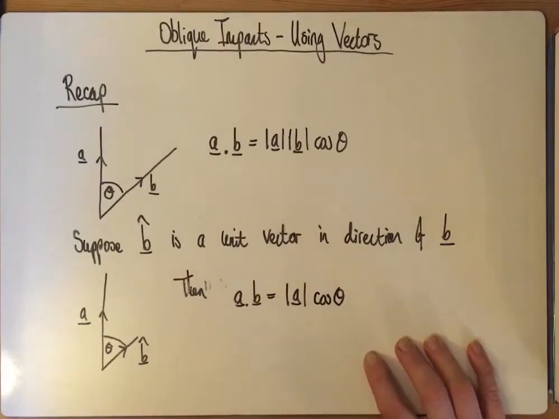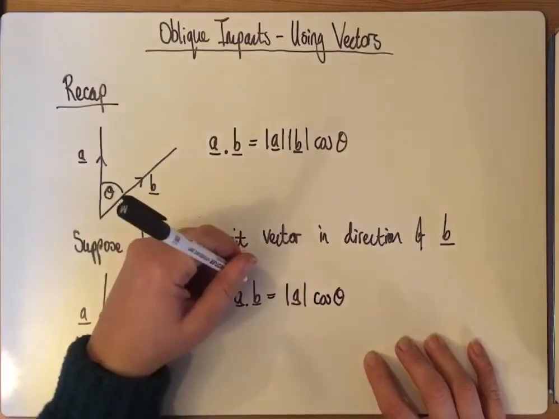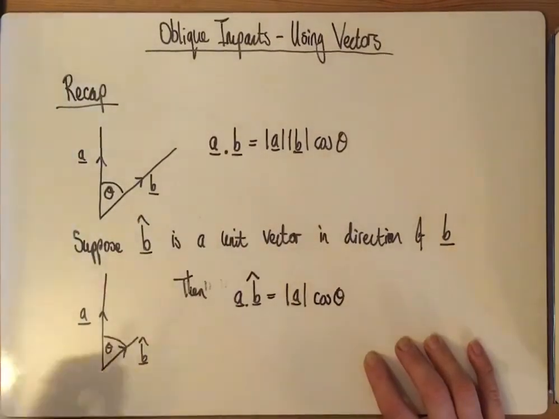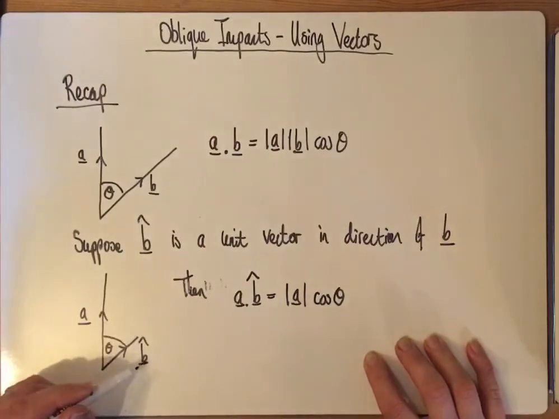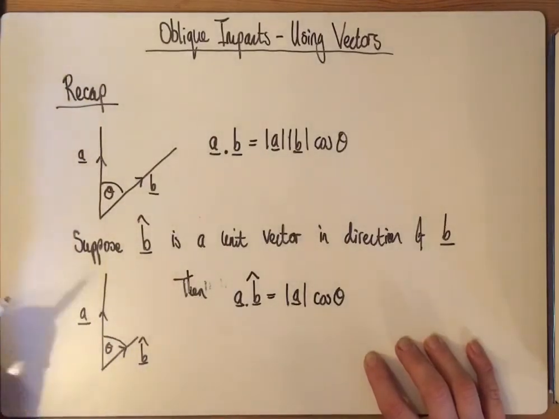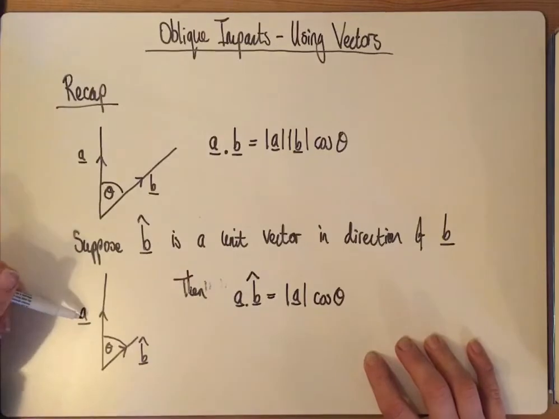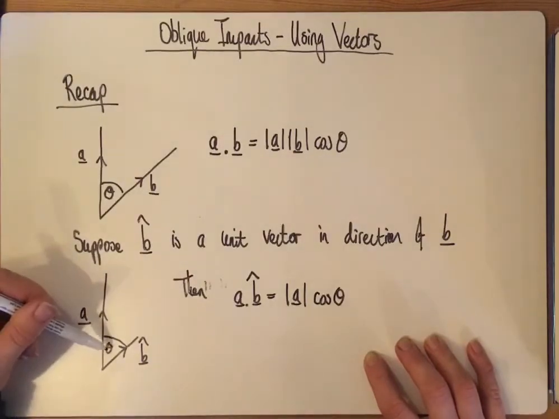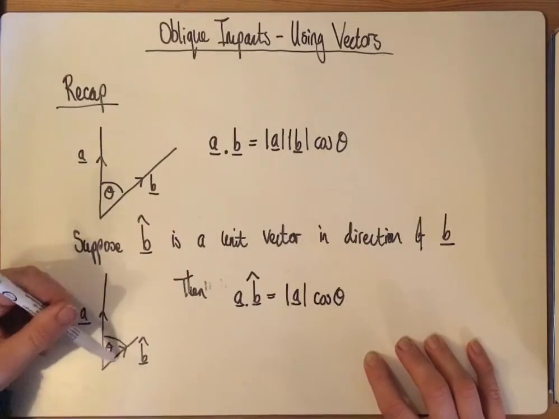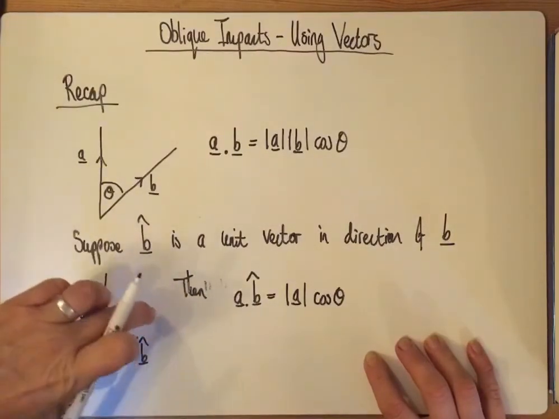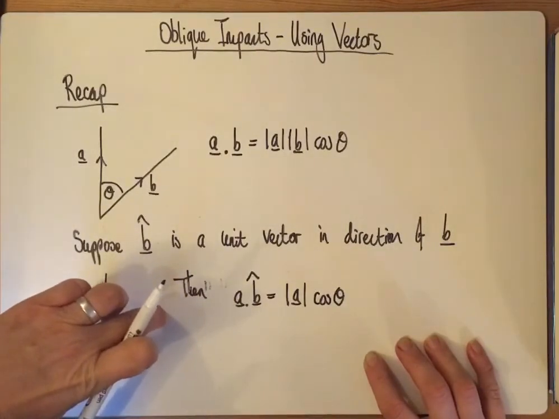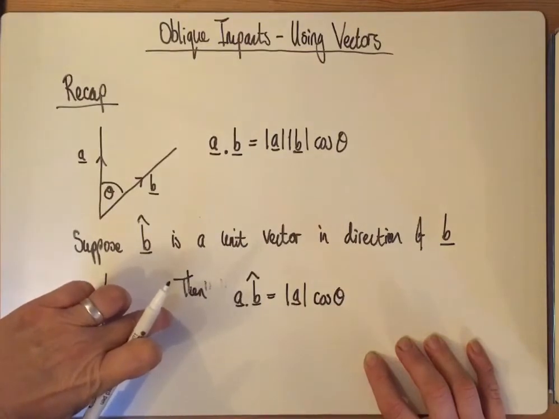If you think about what's happening here, sorry, that's the unit vector in direction of B. If you think about what's happening here, if I do A dotted with the unit vector in direction of B, this gives me the modulus of A cos theta. So it gives me the amount of this vector, the magnitude, in the direction of B.